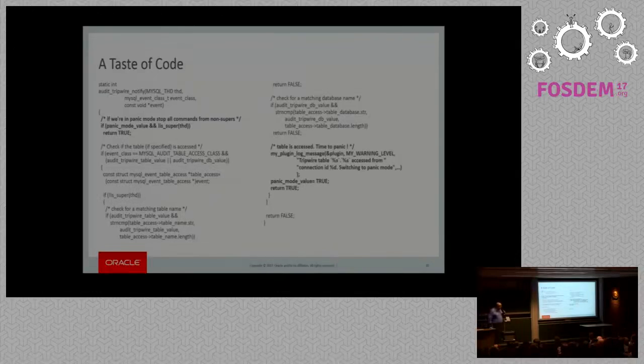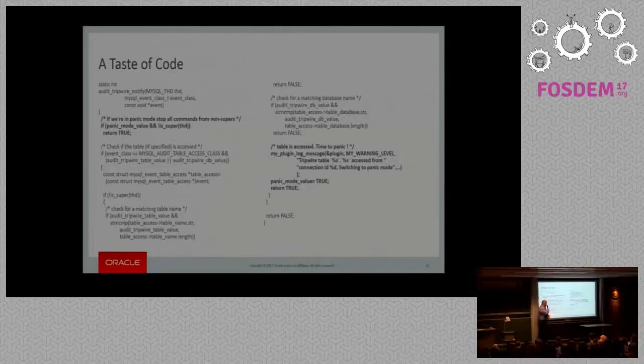Right. So this is how the code looks. I hope it's not too small. Here are the important parts. This is an audit log plugin. This is the panic mode part. If it is in panic mode and you are not super, then it stops. It blocks you right there. This is the checking part right here. This is what triggers the condition. It checks whether we are accessing tables and whether we have set up the plugin, so we have a table and a database value.